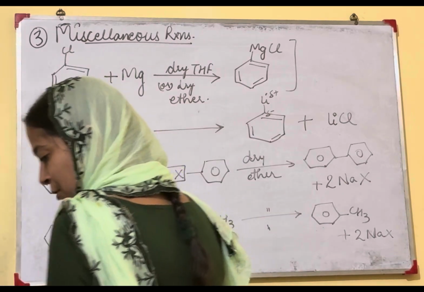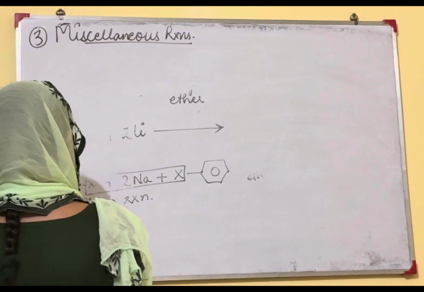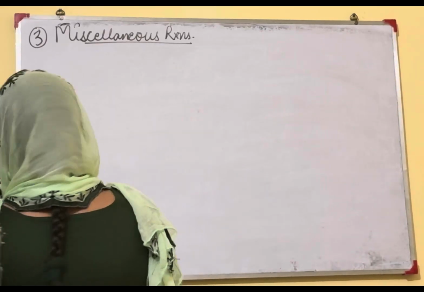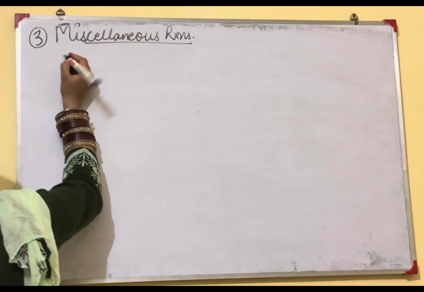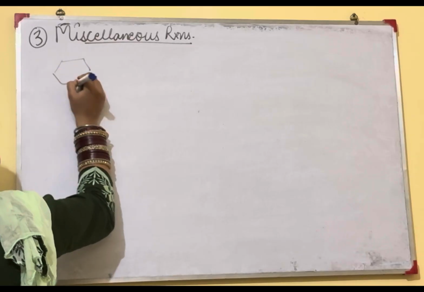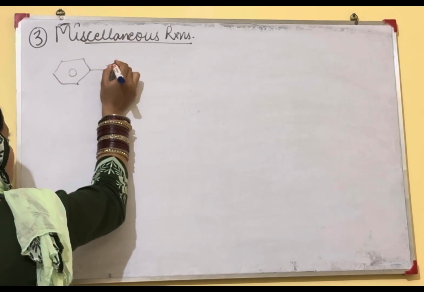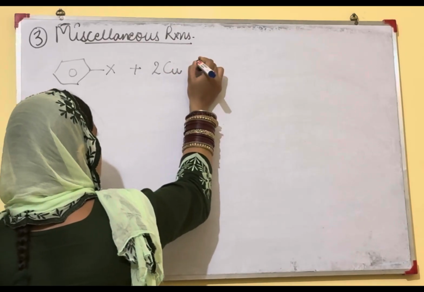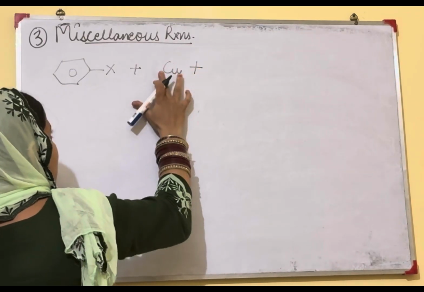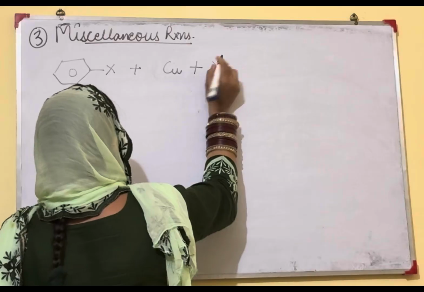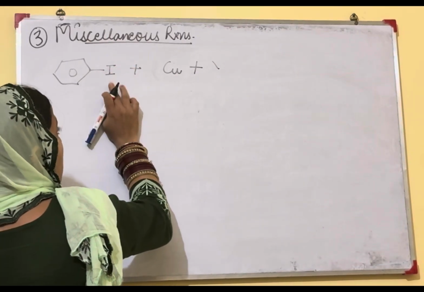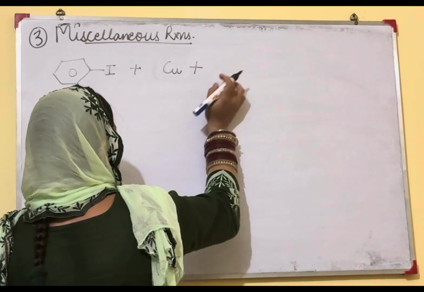Now let's proceed further. Similarly to Wood's as well as Fittig reaction, there is another reaction but the metal is different. For example, if we take haloarene along with copper, in this case you will take iodoarene.